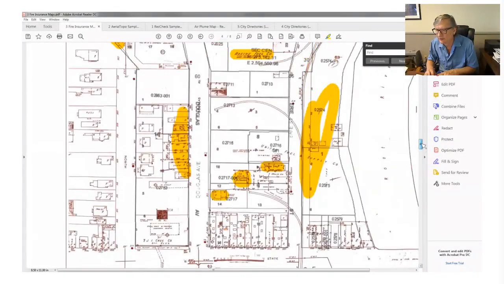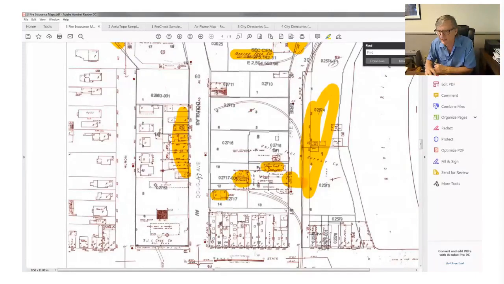When we review, I probably want to go up to 1012. When we review city directories, we want to know our exact address. And then this is 920. I really want to know what was there. 920 Erie.